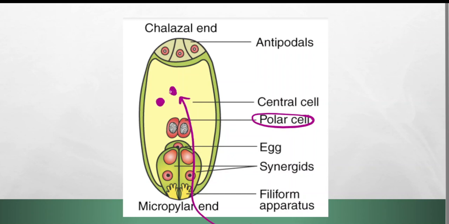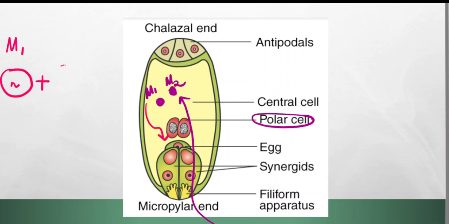Suppose these are two male gametes, M1 and M2, so I have referred to them that way. So this M1 went here and fused with the egg. This is M1, the first male gamete, which was haploid.